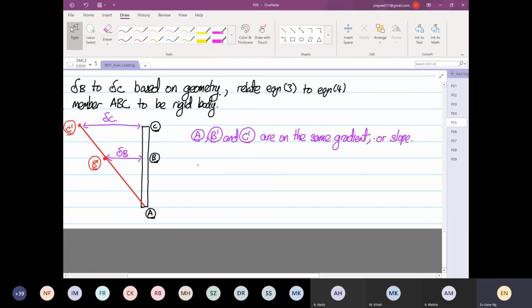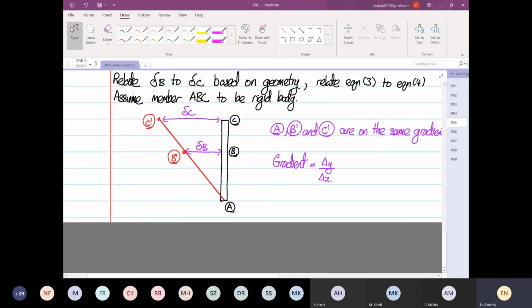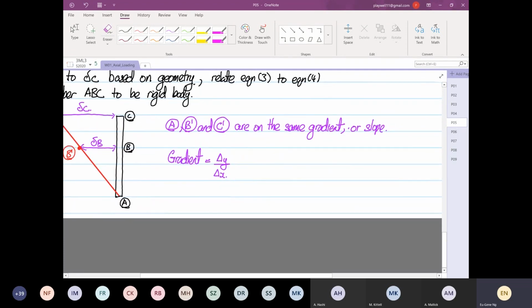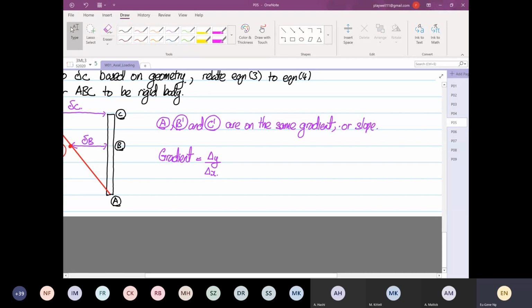So we know that the gradient is real straightforward, where gradient will be equal to change in y divided by change in x. So we know that based on transformation, this is your x direction and this is your y direction. So here we are more focused on magnitude, okay?